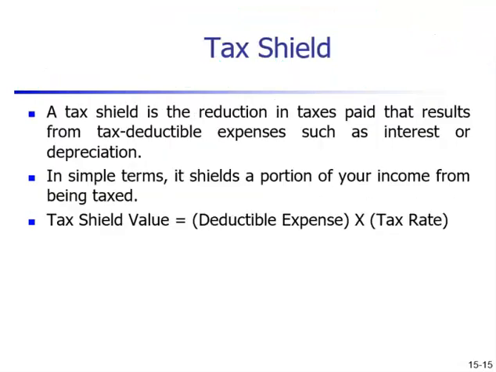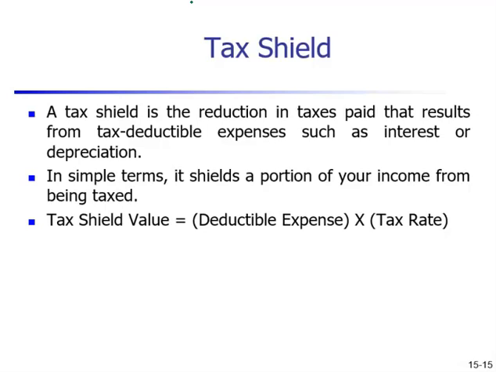The reduction in the tax paid is an important number in calculations because it's the amount of money that you keep in your pocket. So we have a name for that, tax shield.